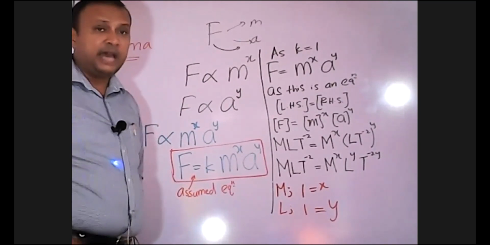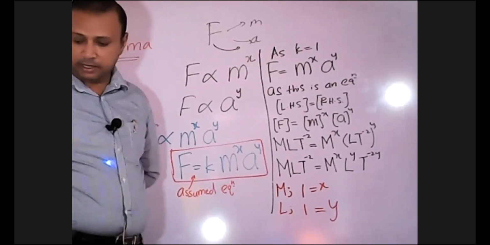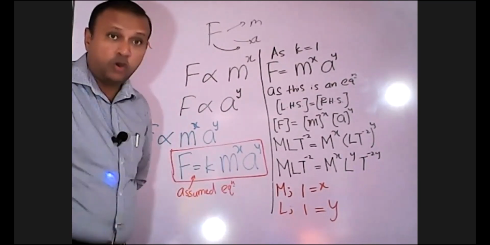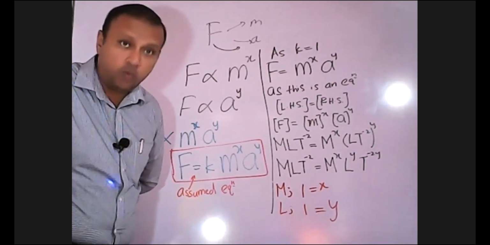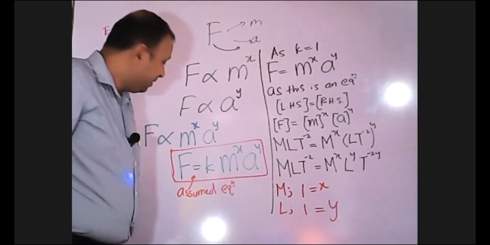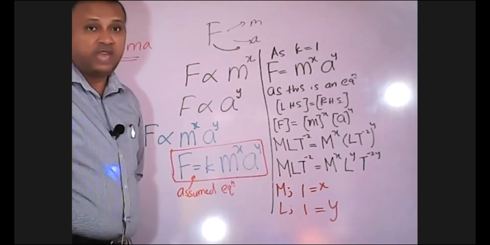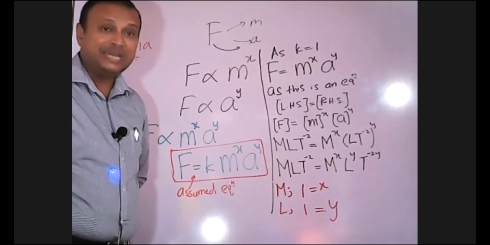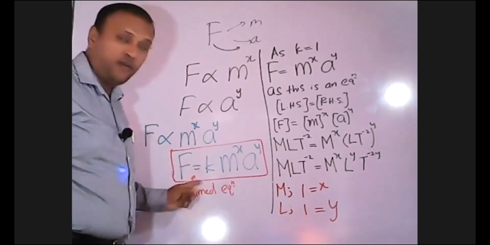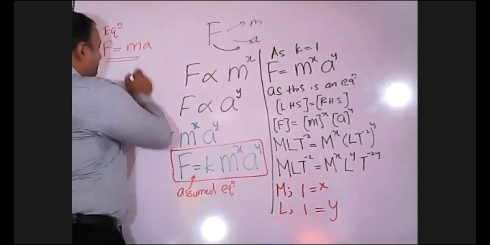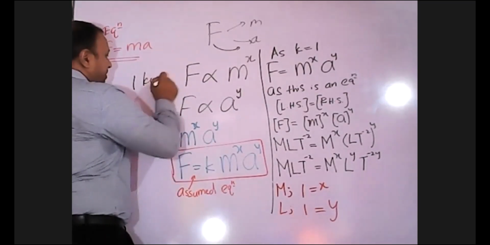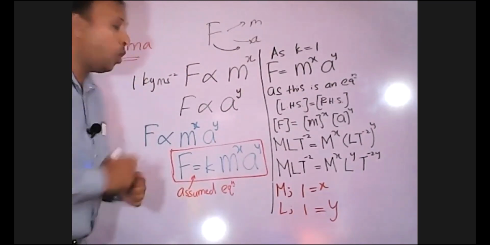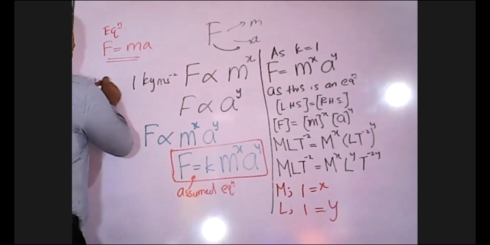In this case, I will explain in the mechanics lesson, k is equal to 1, because the unit of F is Newton, and Newton is defined as 1 kg m s minus 2. 1 kg m s minus 2 is equal to 1 Newton.